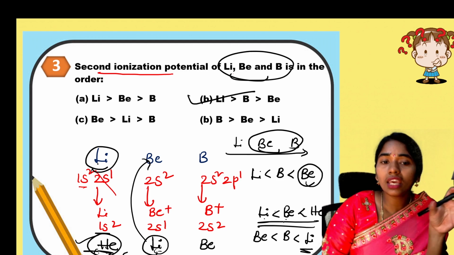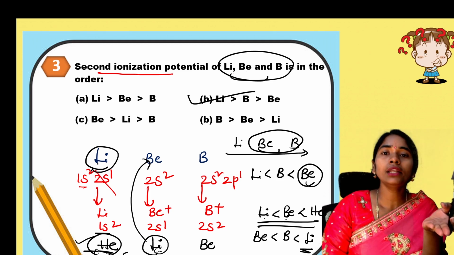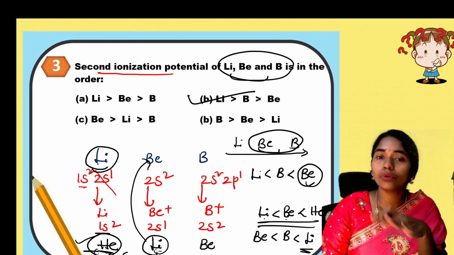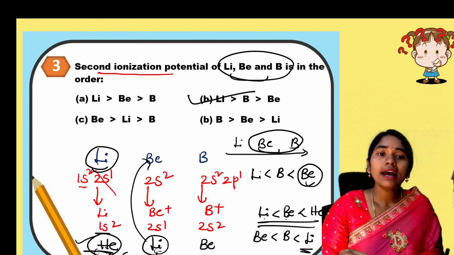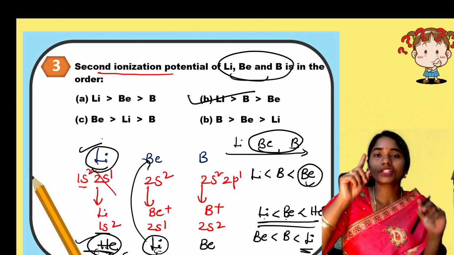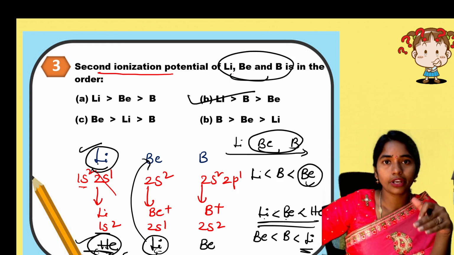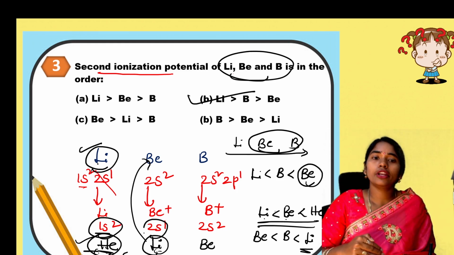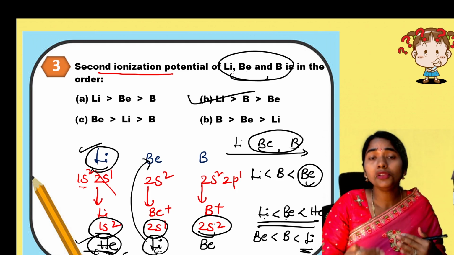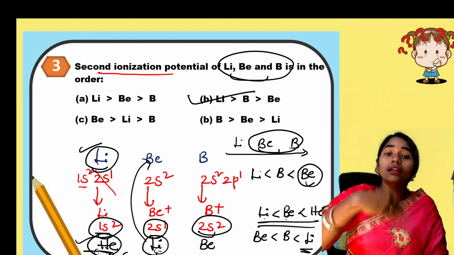Looking at it, you may feel, ma'am, you did so much. But you just take paper and pen and write their electronic configurations. For IE1, take its own general configuration. For IE2, you get the new electronic configuration. That new electronic configuration you compare with the element.